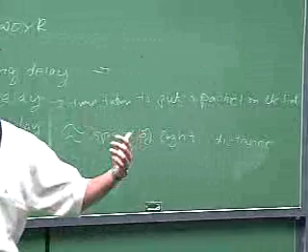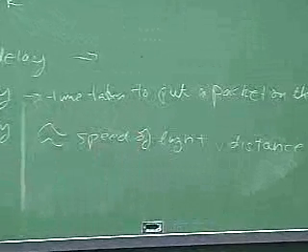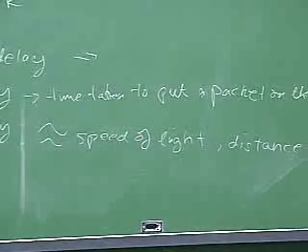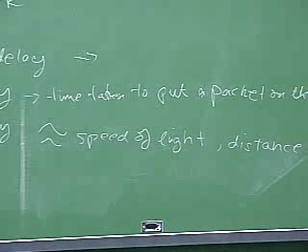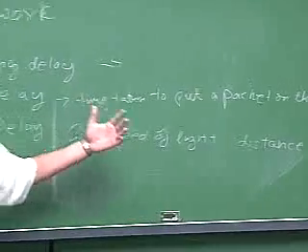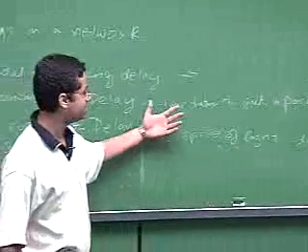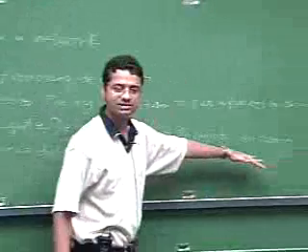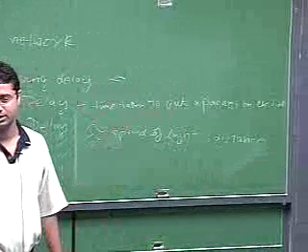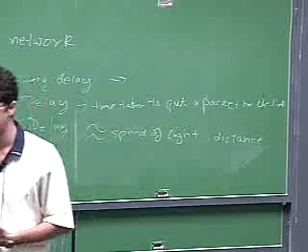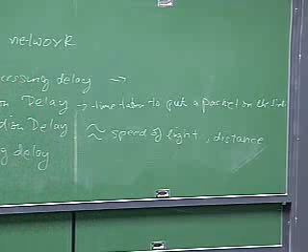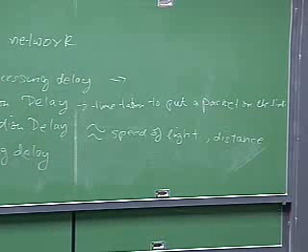So the further apart two nodes are, the more the propagation delay is going to be. It depends on what kind of medium you're using, whether it's fiber, air, or copper wire, and the more the distance, the more the propagation delay. So propagation delay between two nodes within a LAN is going to be minimal, whereas you'll still have a significant transmission delay or a queuing delay.